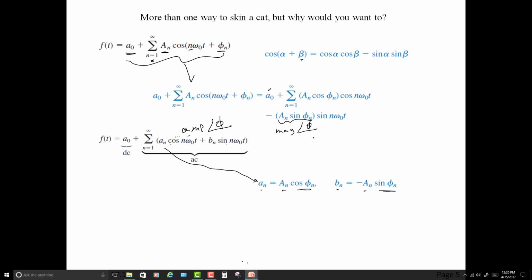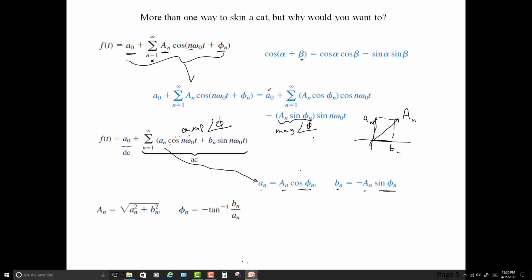For any given n omega, we would have a sine term of size bn and a cosine term of size an. And now we've got this new thing here of capital A of n, right? So we're just breaking it down that way.